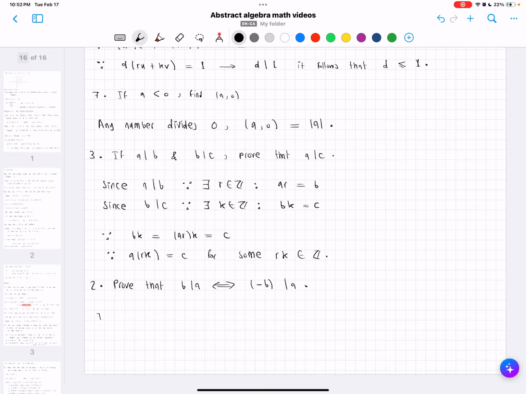So if b divides a, that means there exists an r inside of Z such that you can reach a through b by r.